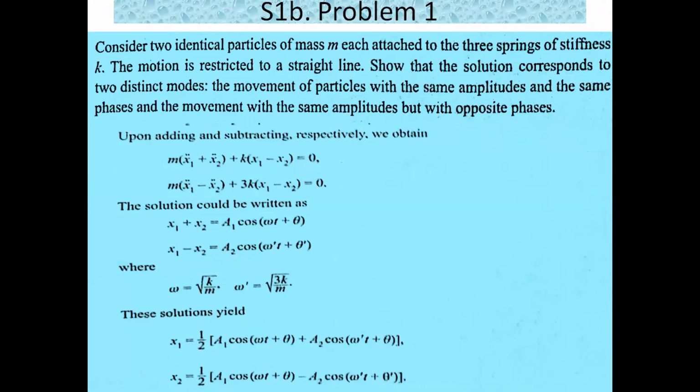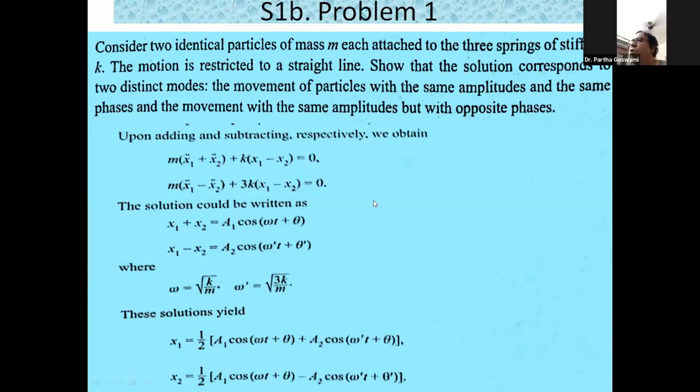So the two equations which we have obtained are added and subtracted. Doing that, I get two more equations which I have written down right in the beginning after the problem part. Upon adding and subtracting respectively, we obtain this and this.